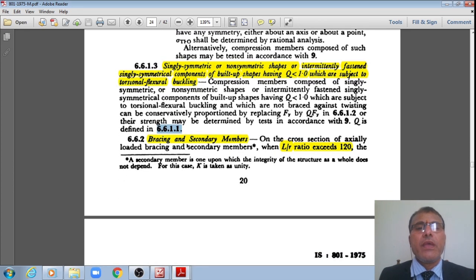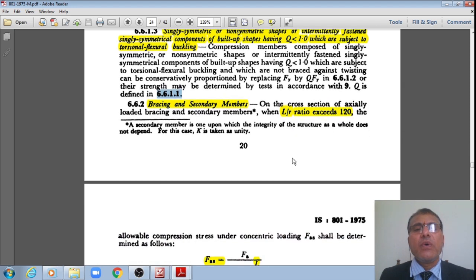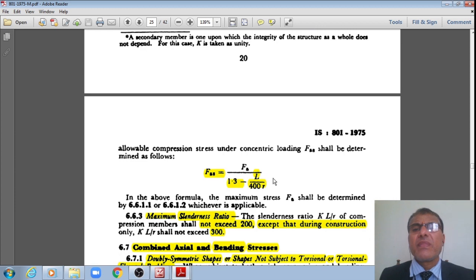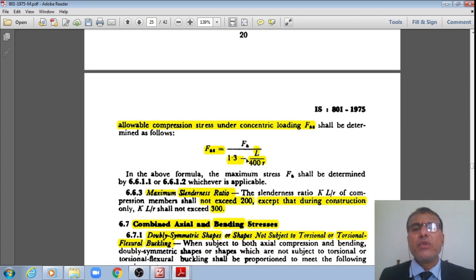Then next one, bracing and secondary members, right? However, if these bracings and secondary members have the L by R ratio, means slenderness ratio, exceeding 120, then the allowable compressive stress under concentric loading, FAC, shall be calculated using this formula.